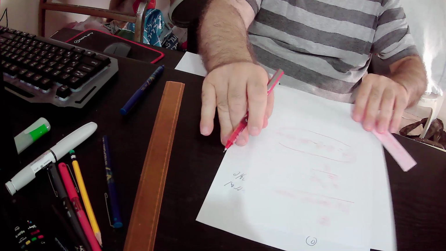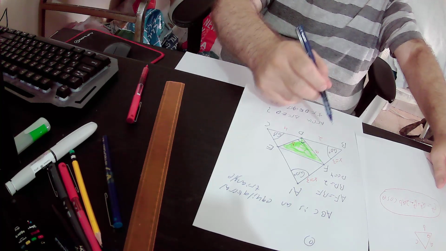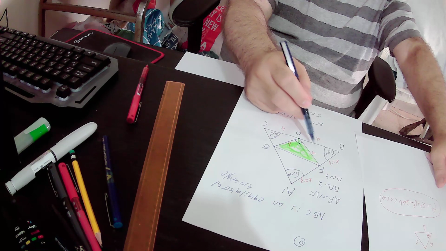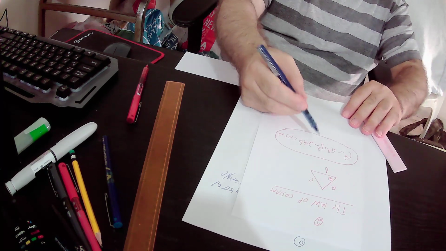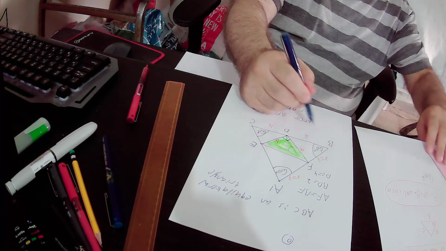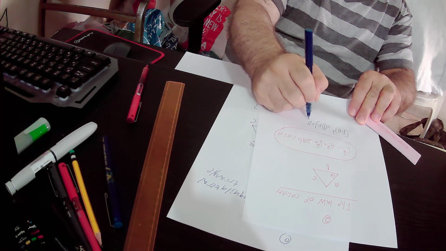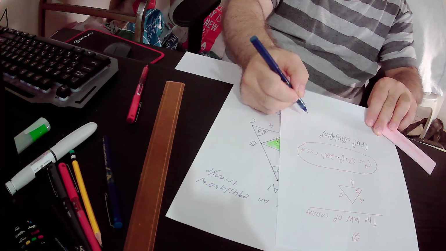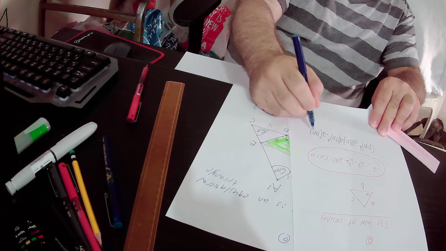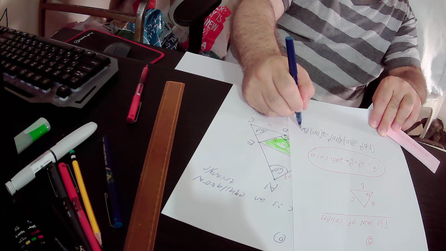Okay, so we actually can implement the law of cosines in our drawing, because here FD square will be equal to BF square plus BD square minus 2 times BF times BD cosine 60 degrees.